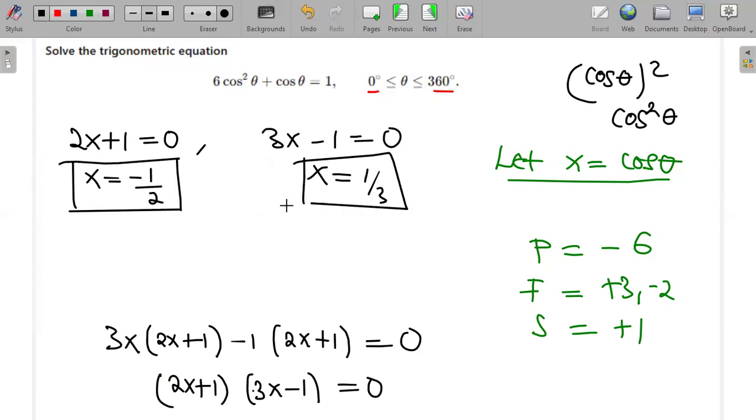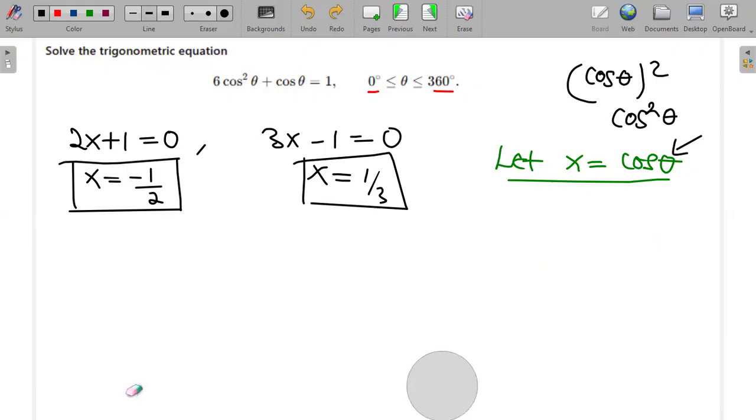But remember, our goal is not to find the value of x, but to find the value of theta, because we are solving this trig equation. So now we recall that my x was cos theta. Where there's x, I put cos theta is equal to minus 1 over 2, and there, where there's x, I put cos theta is equal to 1 over 3.